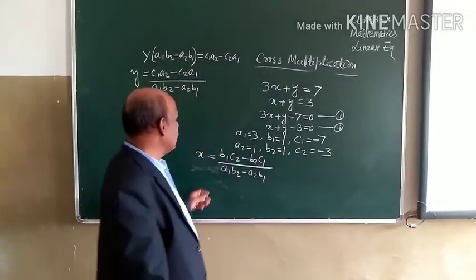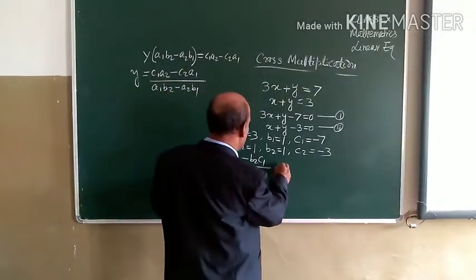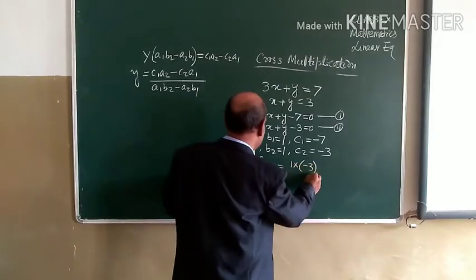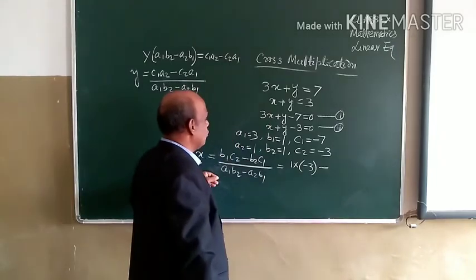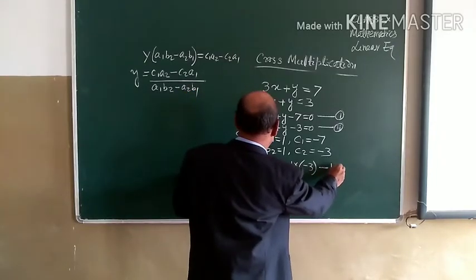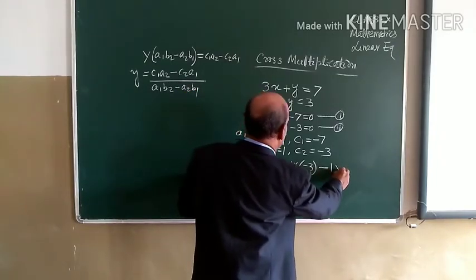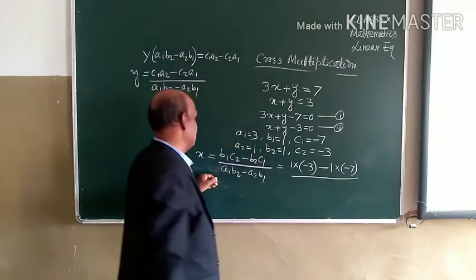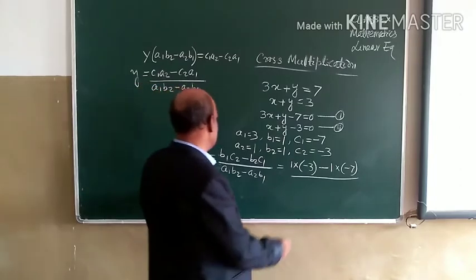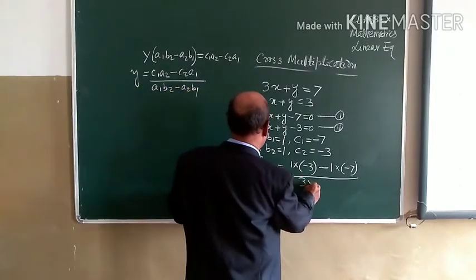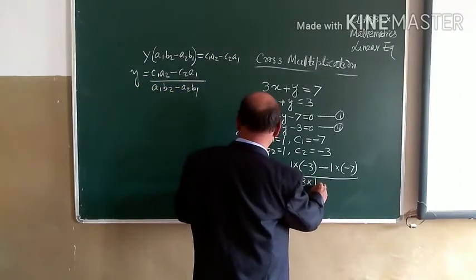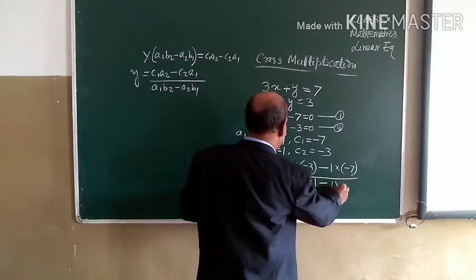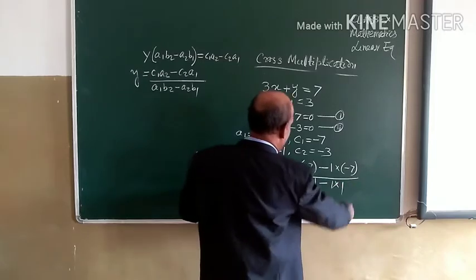Now put the values: b1 is equal to 1, c2 is minus 3, minus b2 value 1 and c1 value minus 7, divided by a1, that is 3, into b2, 1, minus a2 value 1 into b1 value 1.